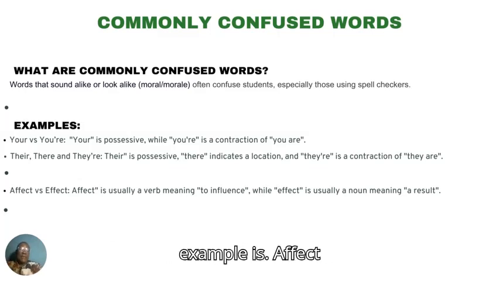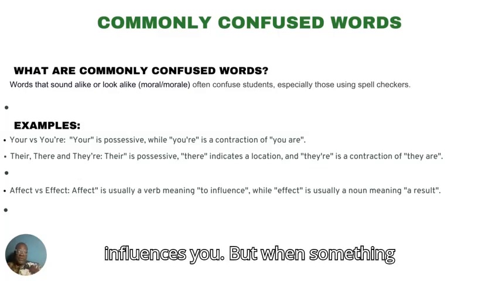Then the next example is affect and effect. All right. Affect is usually a verb meaning to influence, while effect is usually a noun meaning a result. When something affects you, it influences you.